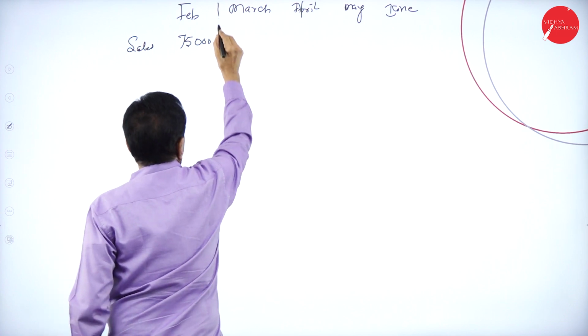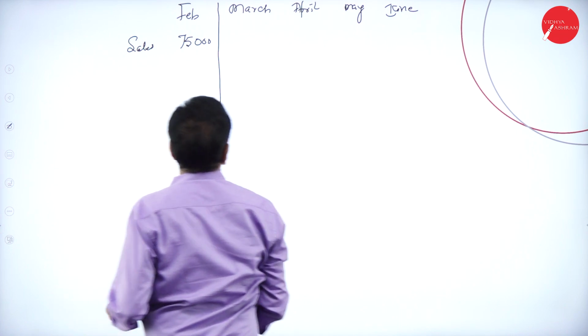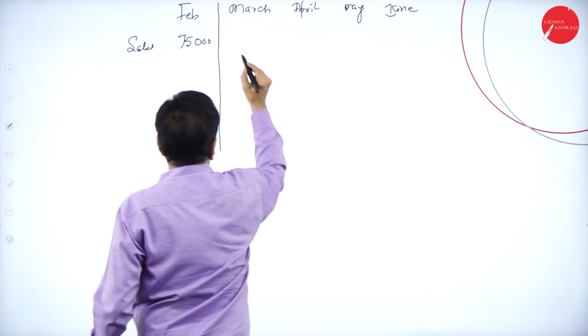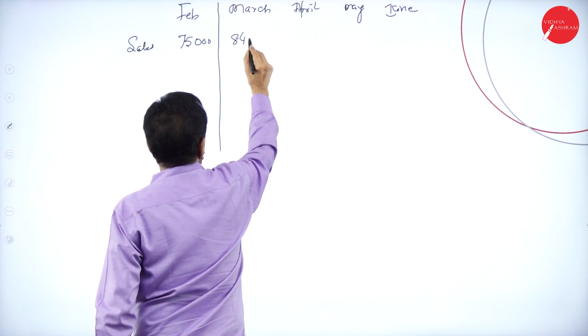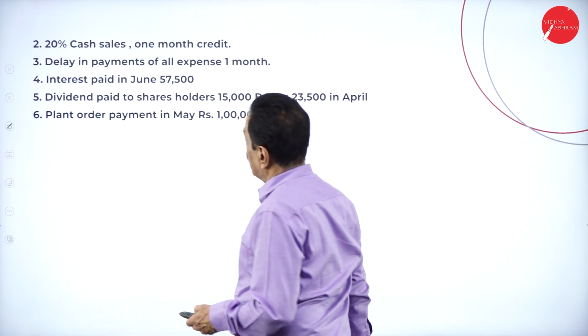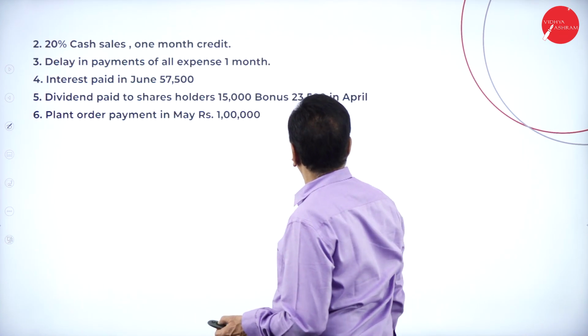Then you put a column like this. Then March sale, 84,000. Then April, 90,000.